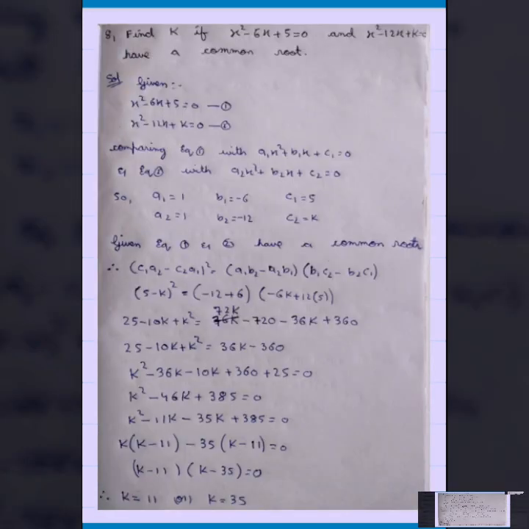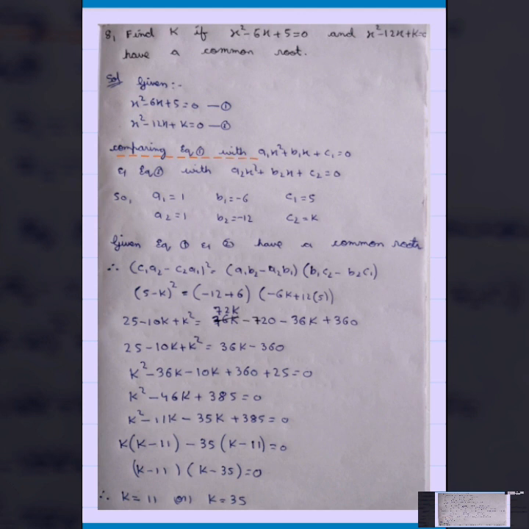See the question. Find k if x square minus 6x plus 5 equal to 0 and x square minus 12x plus k equal to 0 have a common root. So see the solution. Given x square minus 6x plus 5 equal to 0 and x square minus 12x plus k equal to 0, we consider them as equation 1 and equation 2.